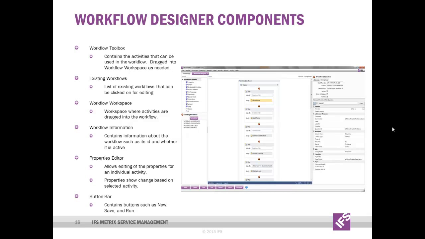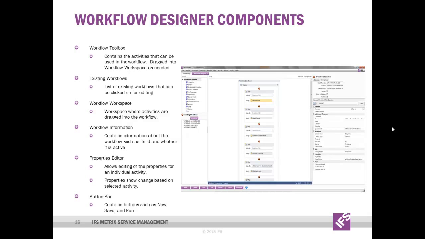On the upper right corner, we have the workflow information, and that contains information about the workflow, such as the ID, whether it's active, whether it should be shown in a pop-up, that type of stuff, as well as user-defined coding things: type, class, category, those types of things. Below that, we have the property editor, which is where you edit the properties for the individual activities.